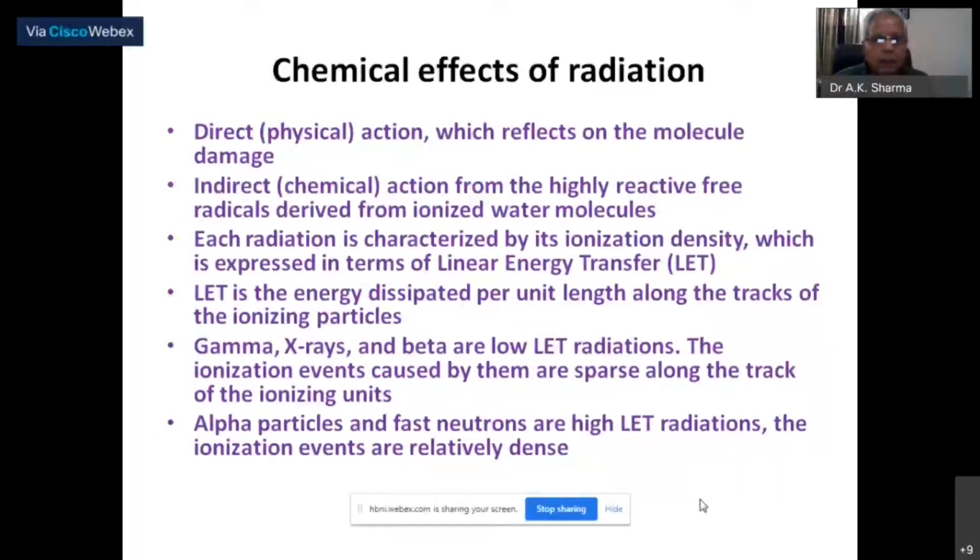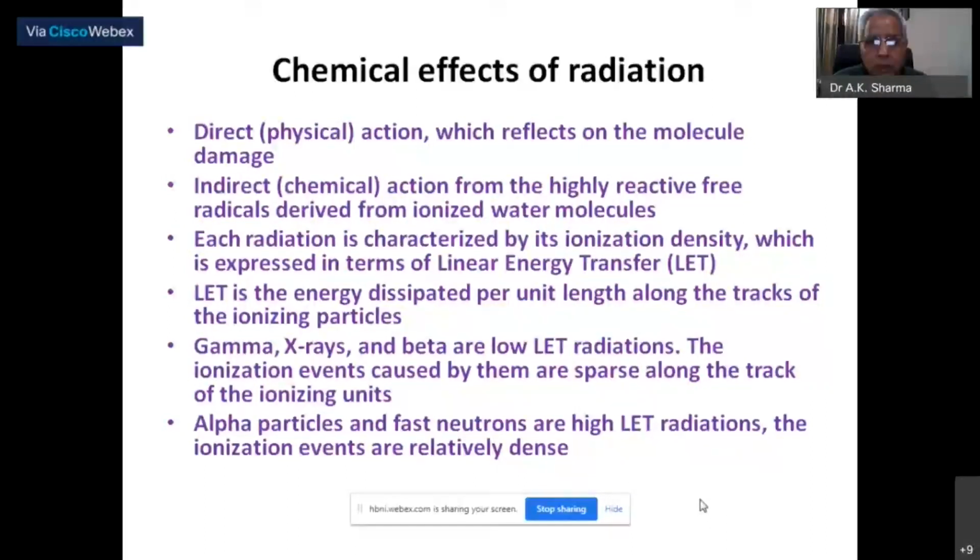The other major action is because of the indirect effect of radiation, which may happen in the cell. The indirect effect largely happens because of the reactive free radicals which are generated, and this effect mainly depends on the abundance of the molecule in the cell.